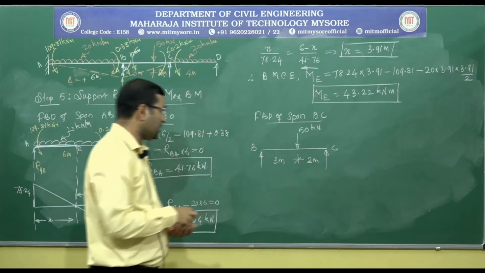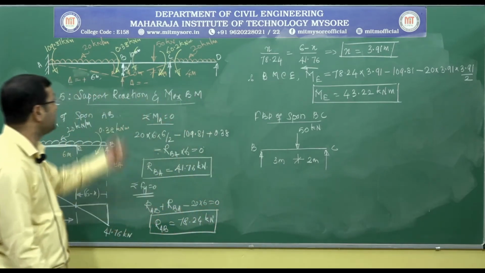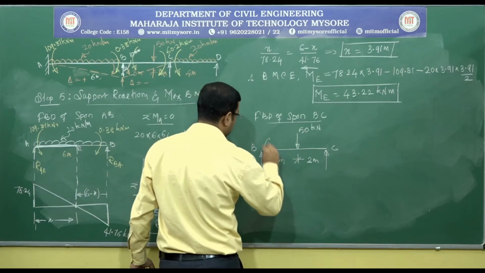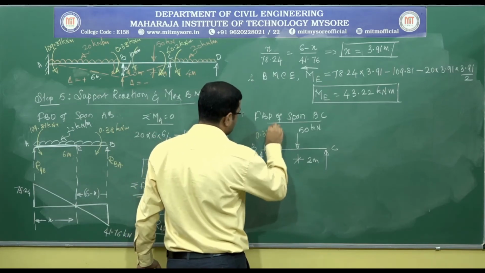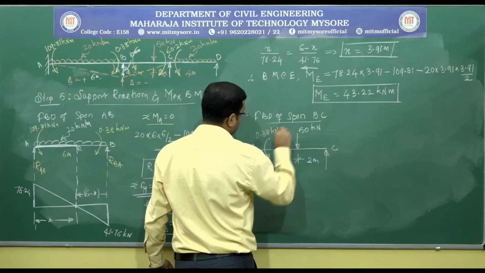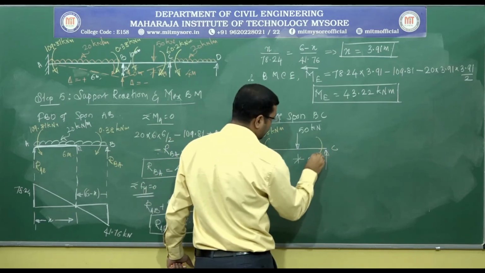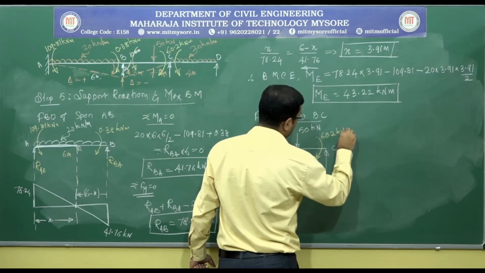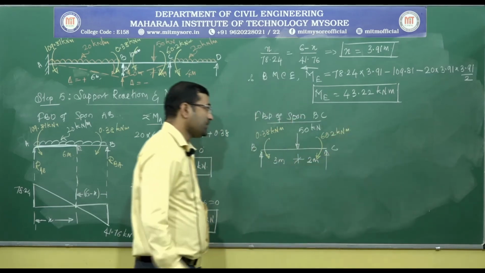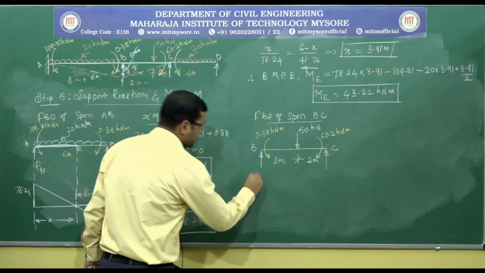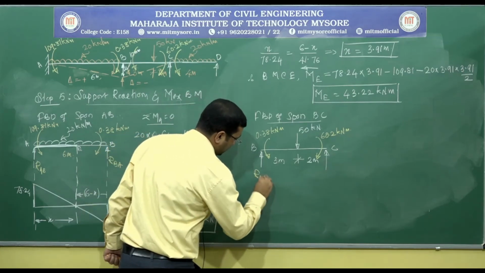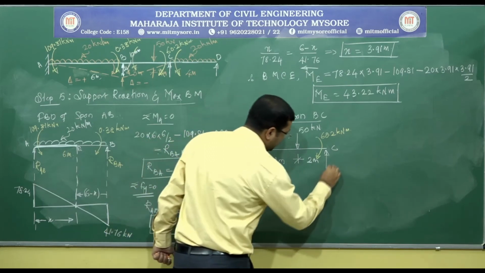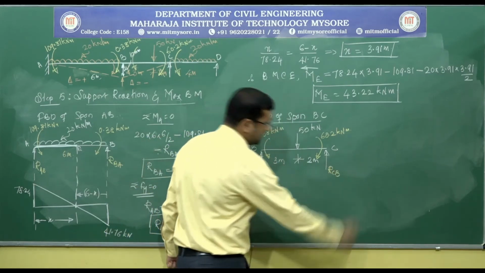Apart from this, on the span BC we have the end moments. On the left side we have an anticlockwise moment of 0.38 kilonewton meter, and on the right side we have a moment of 60.2 kilonewton meter.